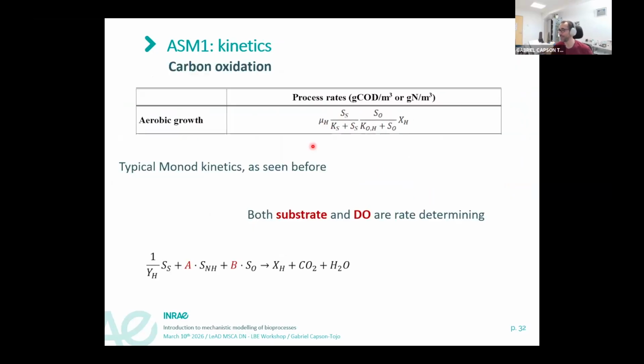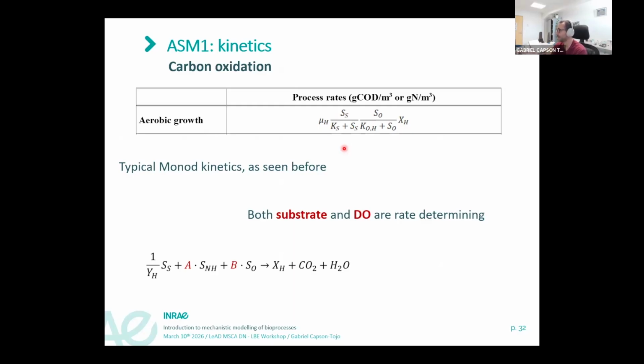So now for kinetics. Again, this is the ASM1. For aerobic growth, you get exactly the same thing that you had before with Monod, but in this case, we have 2 substrates. So either the organic matter that you need for bacteria to grow on, or oxygen.